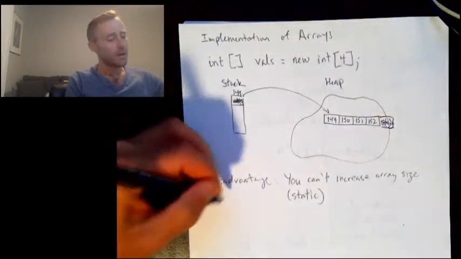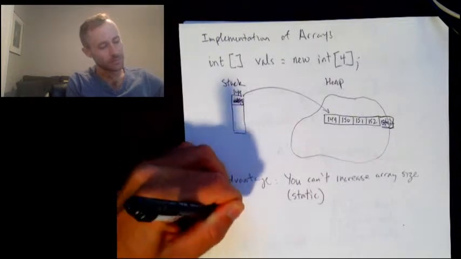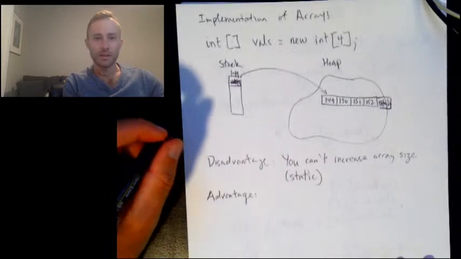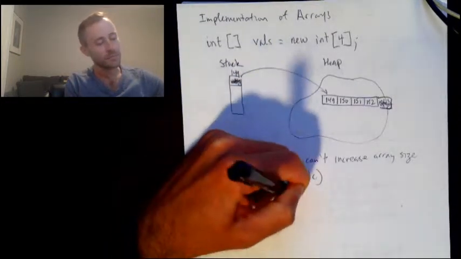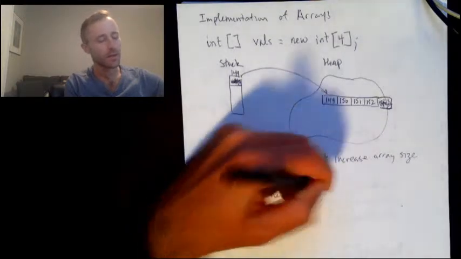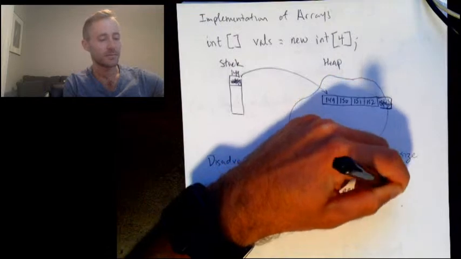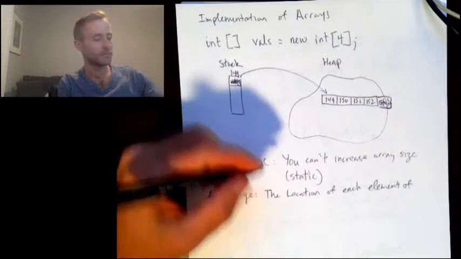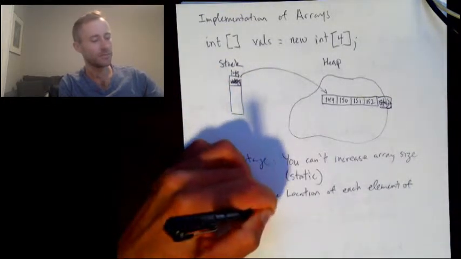Okay? What is the advantage of an array? The location of each element of the array is known.